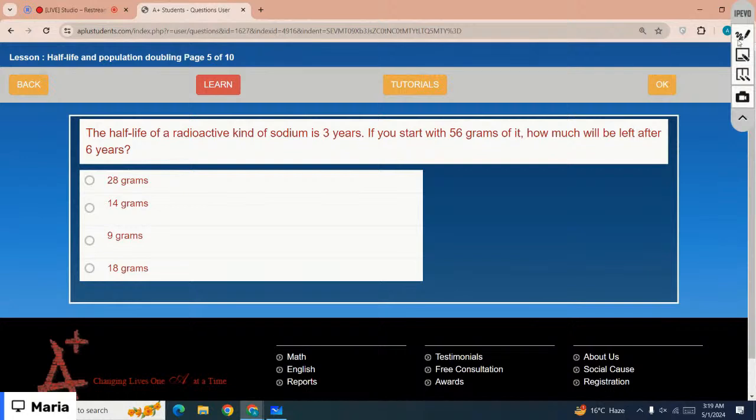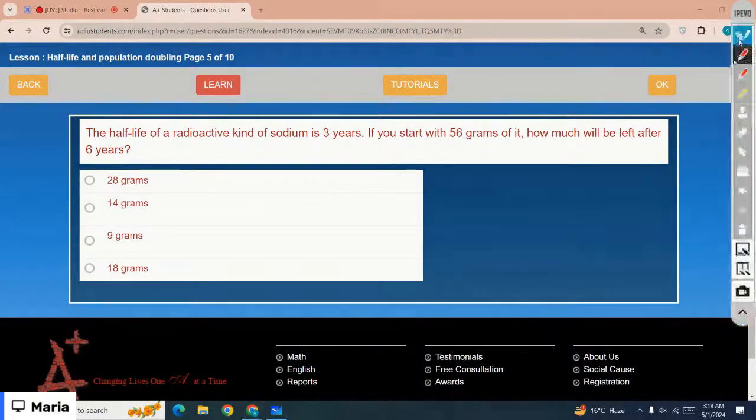So you have to see how much is left after 6 years. So 6 divided by 3, because its half life is 3 years. So 6 by 3 is 2. That means we halve 2 times. So 56 times 1 over 2 times 1 over 2. So which is the correct option?